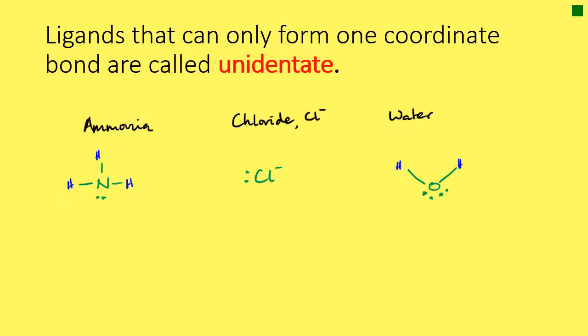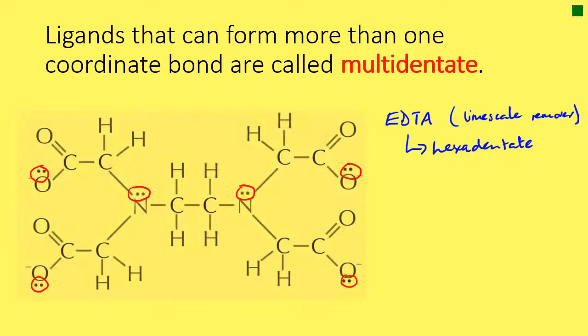But because they are so close together in water, they can only form one coordinate bond. So water is actually a unidentate ligand. So that was the first type of ligand you need to know about.